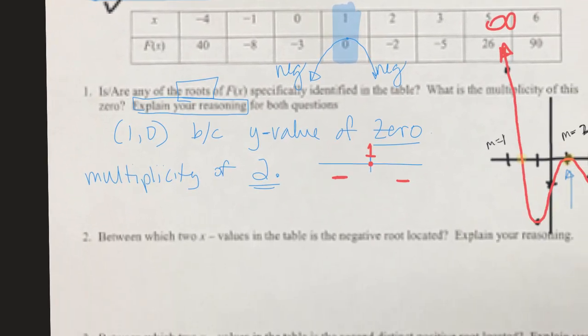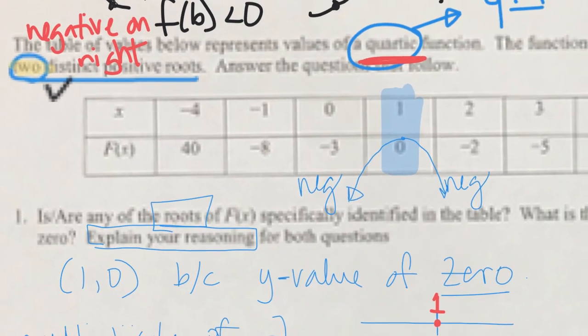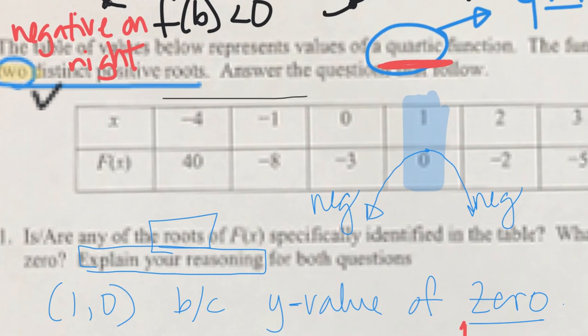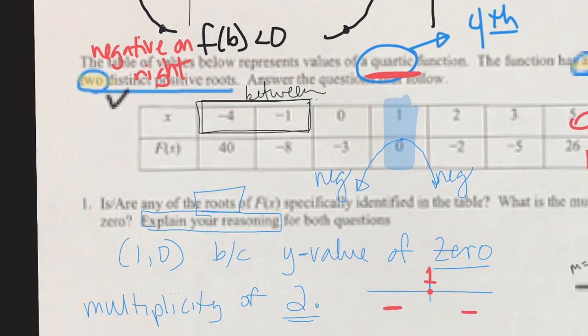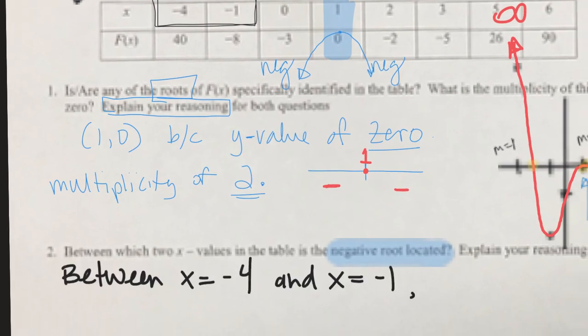So what about number 2? Between which two x values is the negative root located? Okay, so we're going to use what we did up at the top of this page. Between what two x values do you think? Between -4 and -1. Okay, so between -4 and -1.